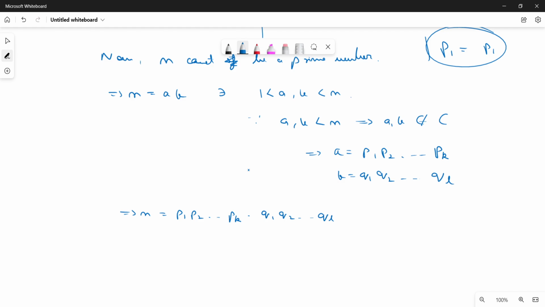This means n is indeed a product of primes. So n cannot belong to C, which basically means our assumption is false, which leads us to a contradiction and proves our statement.